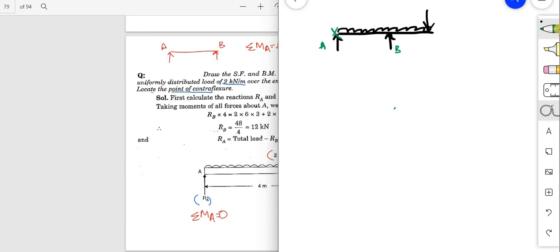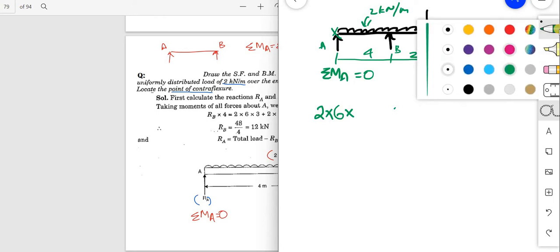First, I can consider the moment due to this UDL. So the condition is sigma MA is equal to 0. What is the moment due to UDL? The total length is 4 meters plus 2 meters, and the UDL is 2 kilonewton per meter. First I have to find the force. The force will be 2 into the total length, that is 6. Force into perpendicular distance.